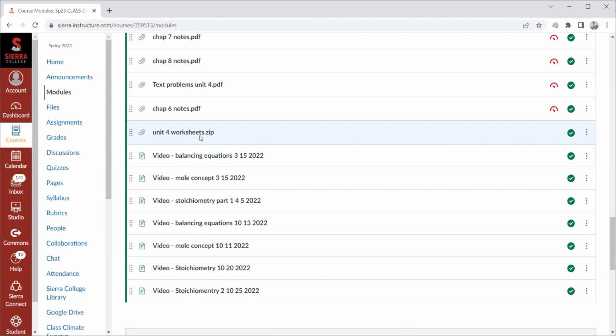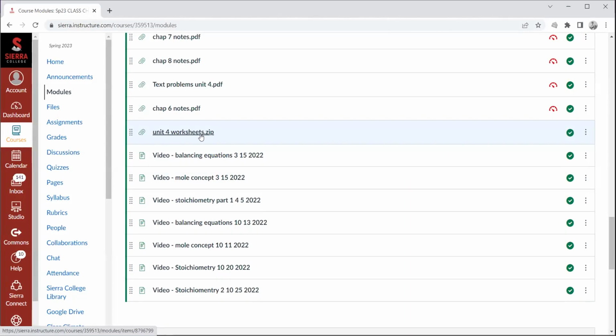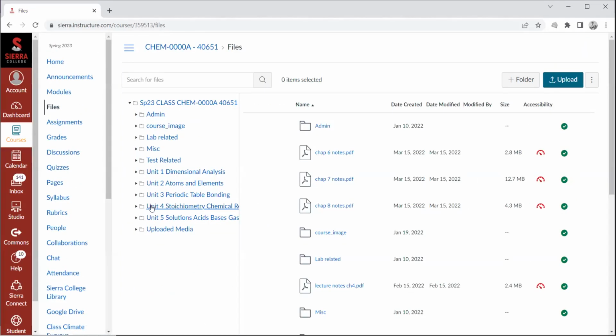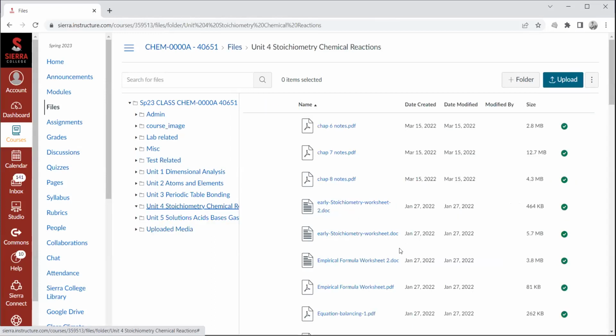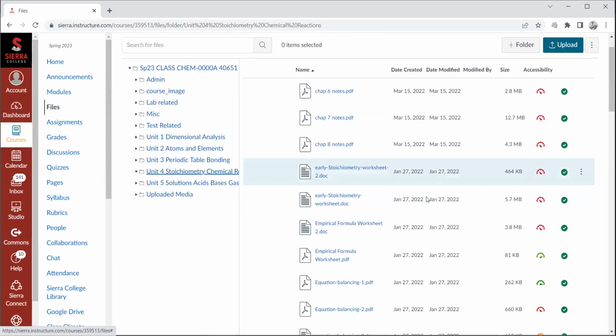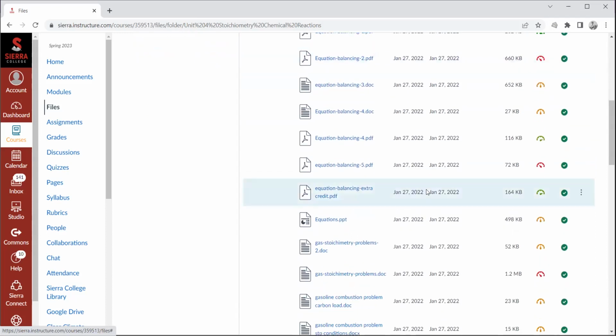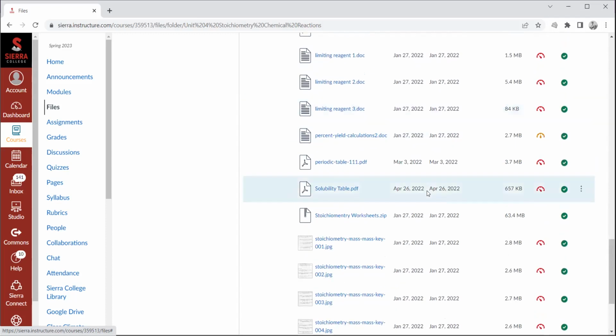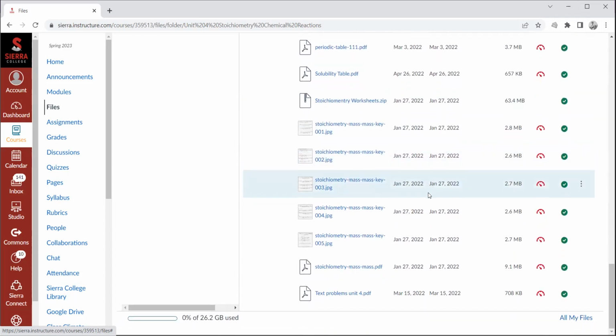This zipped file will be where they're all located, and the files are going to Files, Unit 4, and these are all the worksheets available, besides the ones in your dry labs.